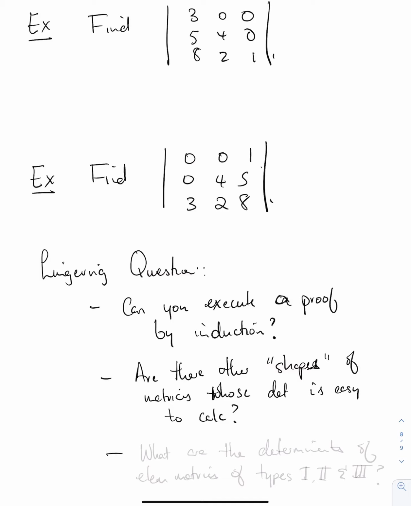And last but not least, in reference to our ultimate goal, what are the determinants of elementary matrices of types 1, 2, and 3? Think on this. See you next time.